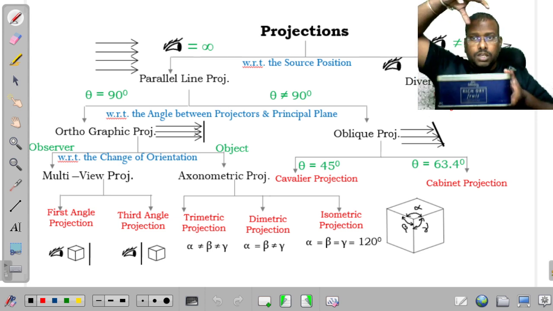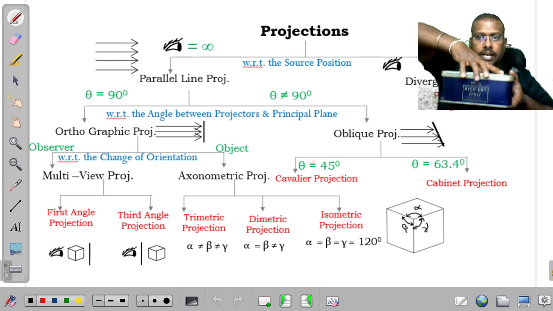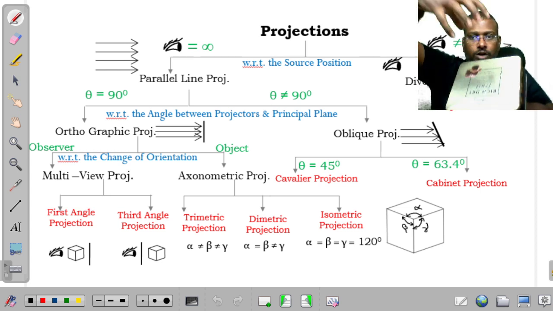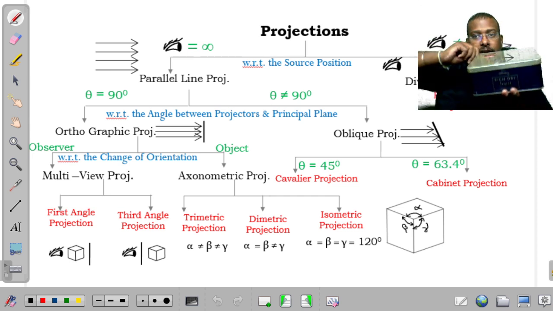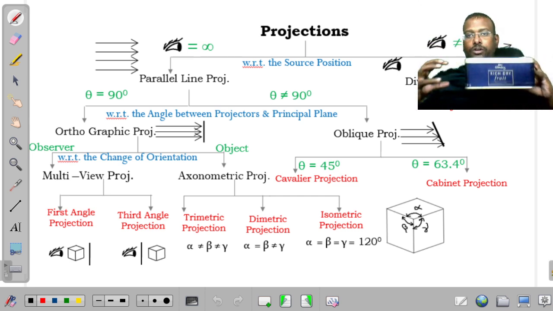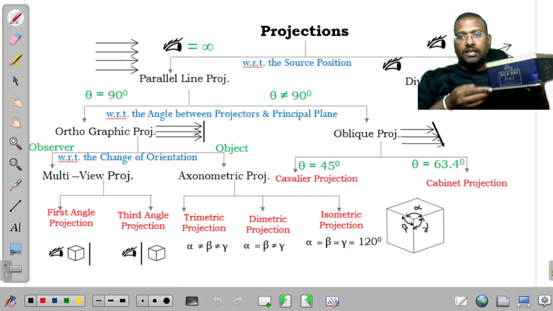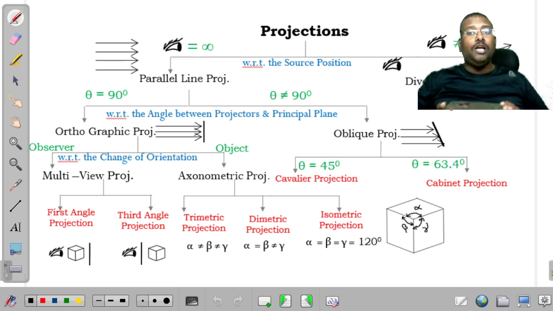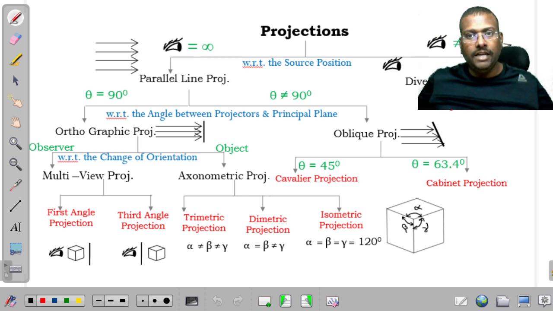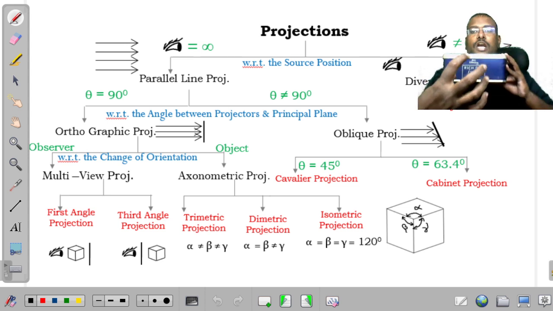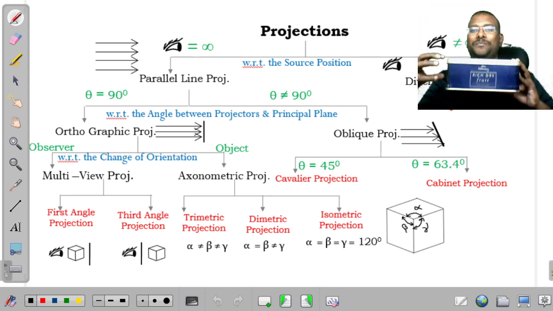For your clarity, I am rotating like this. If you are going to view from here, I know length and breadth. Sir, if I view from here, I can get breadth and height. In order to get the complete information of an object, the observer is changing his position.